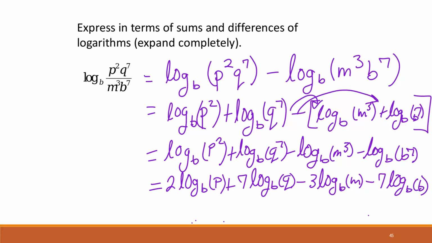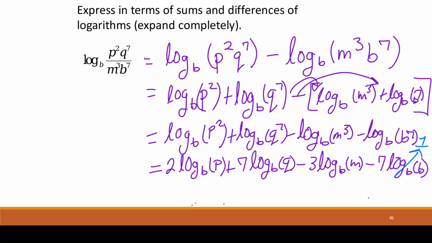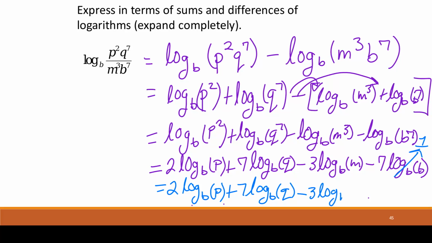And we know that this log b of b is simply 1. So 7 times 1 would just leave a 7 right there. So we'll end up with 2 log b of p plus 7 log b of q minus 3 log b of m minus 7.